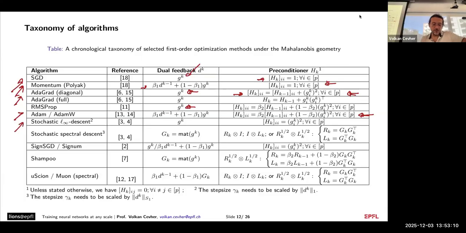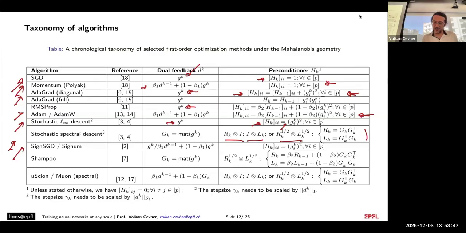Then came my paper with the stochastic L-infinity descent, which was in the stochastic spectral descent paper. You use the stochastic gradient and your linear preconditioner depends directly on the gradient energy, on the coordinate. So the updates are actually nonlinear. Stochastic spectral descent, you can think of it as left and right preconditioning, with your left and right preconditioning as the gradient outer products.